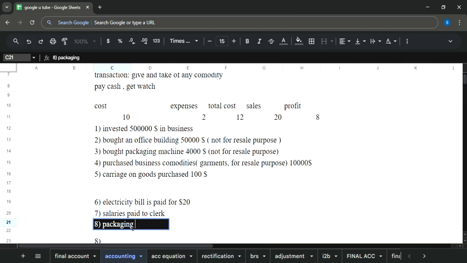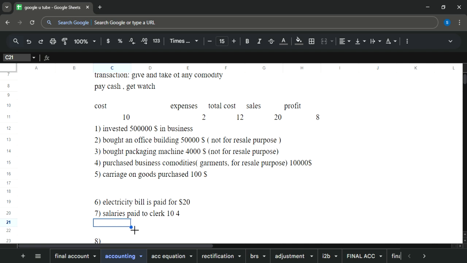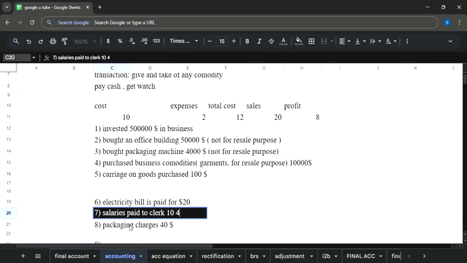Packaging charges for each of your product, suppose $40 total amount you have spent upon packaging. Okay guys, and the amount of salary we can also suppose $10 you have paid for your salaries to clerk.